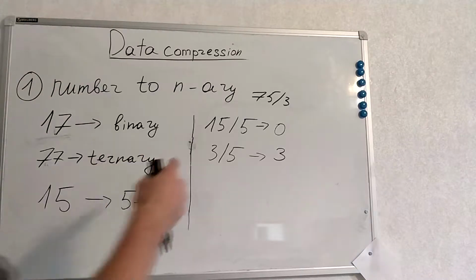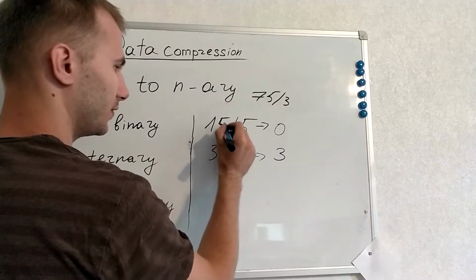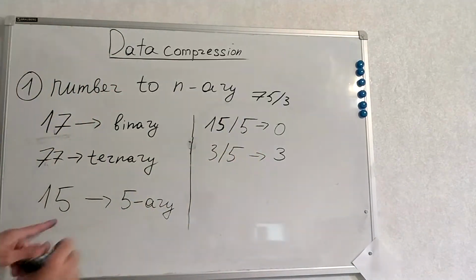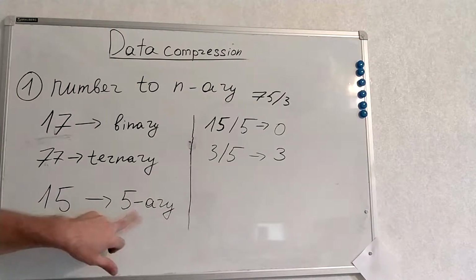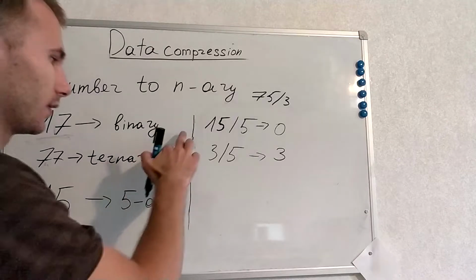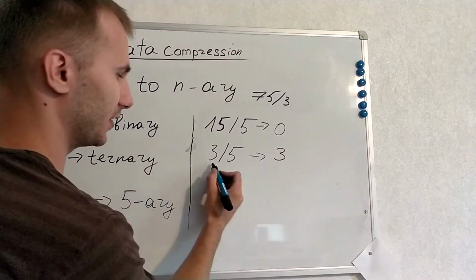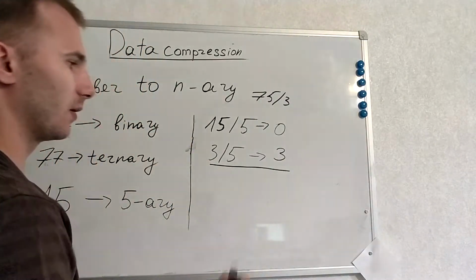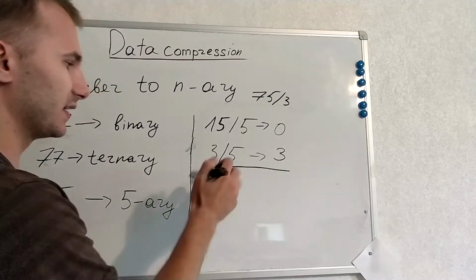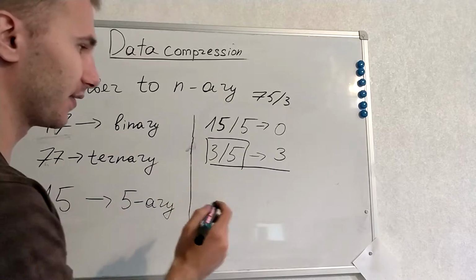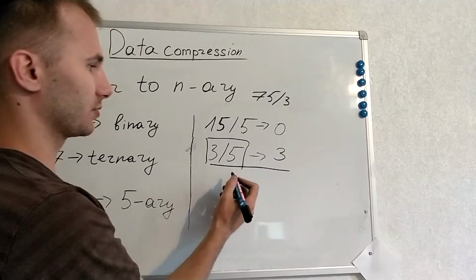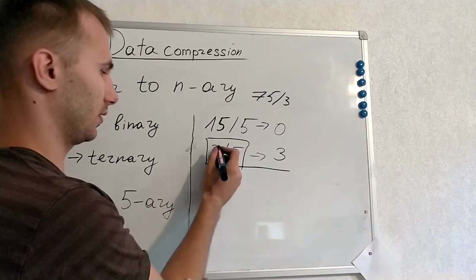And here, this is super simple, 15 divided by 5, because we transform 15 to a 5-ary system. Maybe here it's not really clear why we've got 3, but in such a situation, when the number is smaller than n, at the end we produce this.